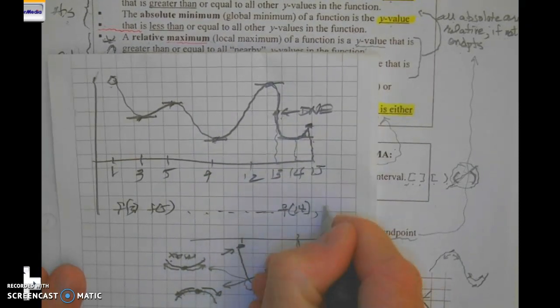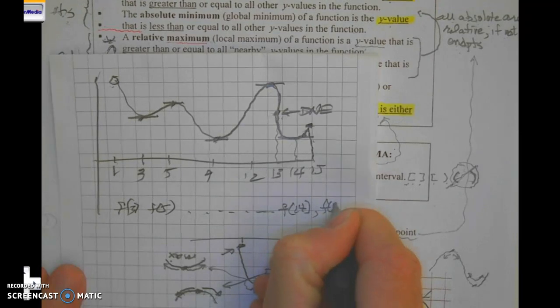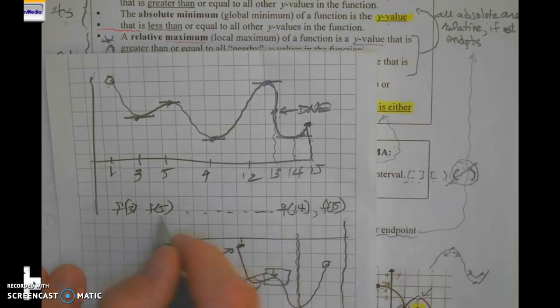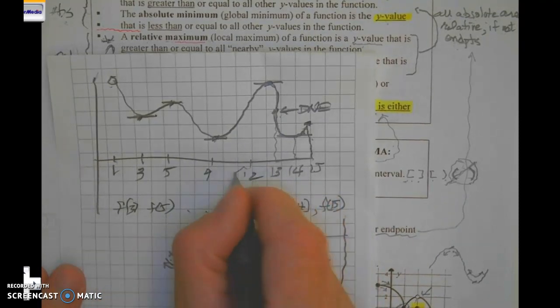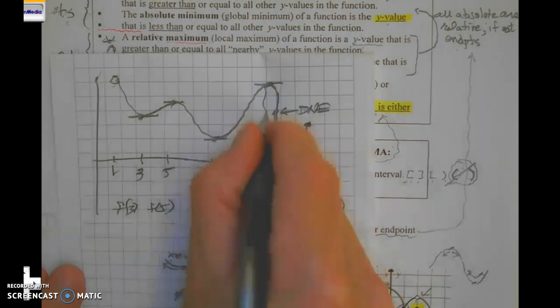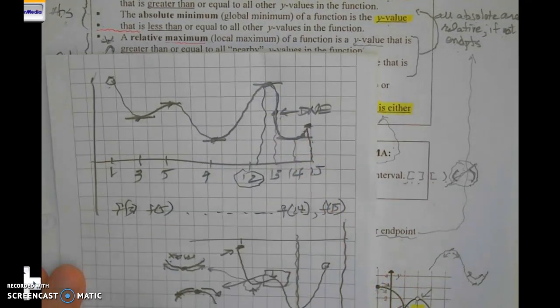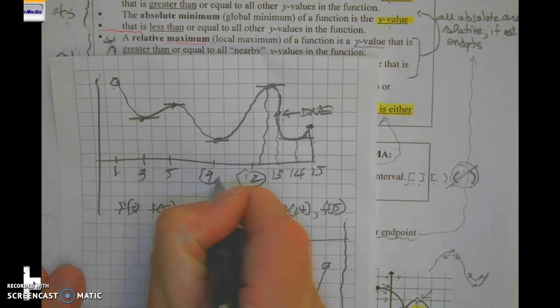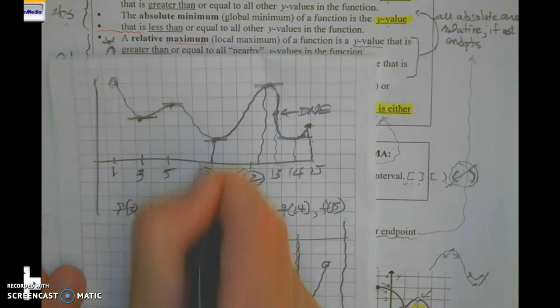So I have to go to F15. After I've gone to F15, I compare all these numbers to decide which one is the absolute biggest. And it's obviously going to be located right here, but you've got to know how high that is at F12. Or what's the absolute lowest? Well, it's going to be right here at F at 9, and that's going to be the y value right there.